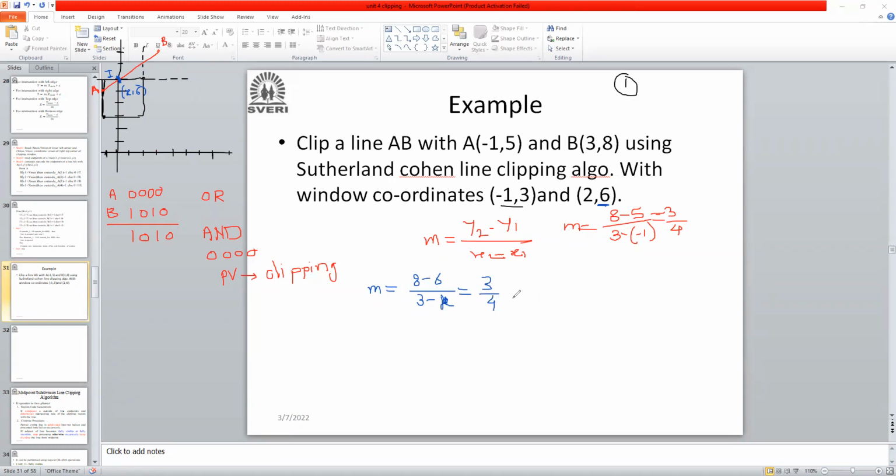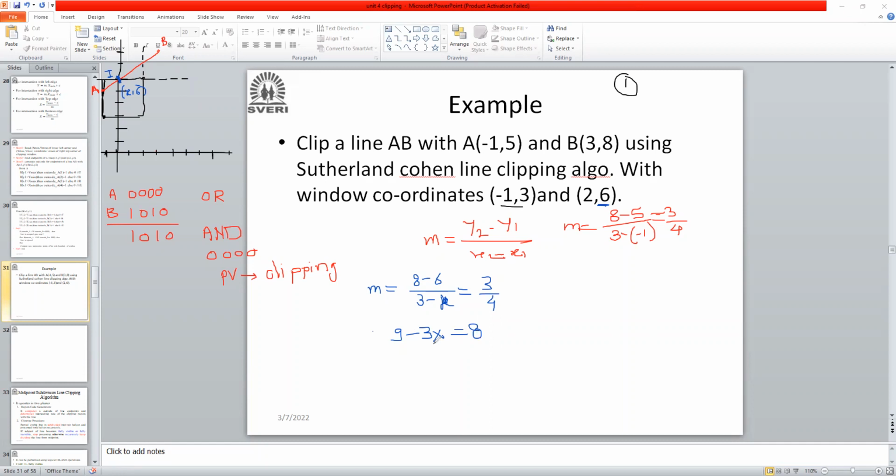So I will solve this equation now. Performing the cross multiplication, I will have 3 into this expression. 3 into 3, that is 9 minus 3x is equal to 8 minus 6, 2 into 4, 8.